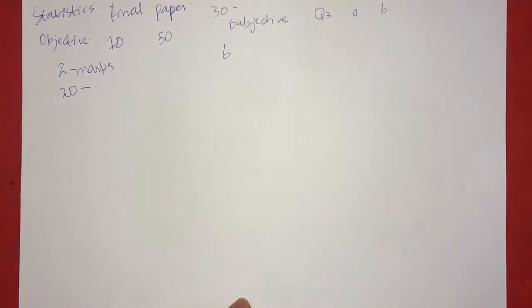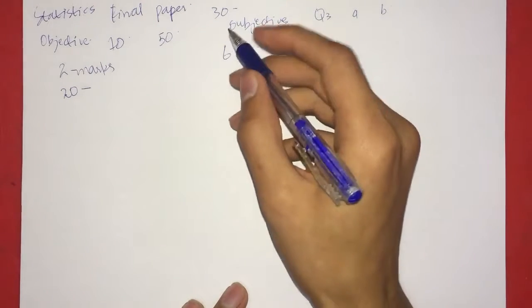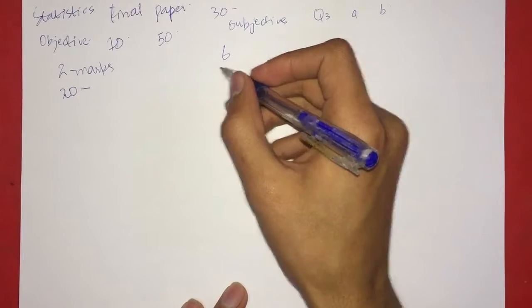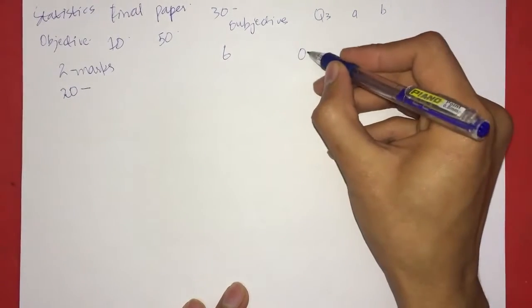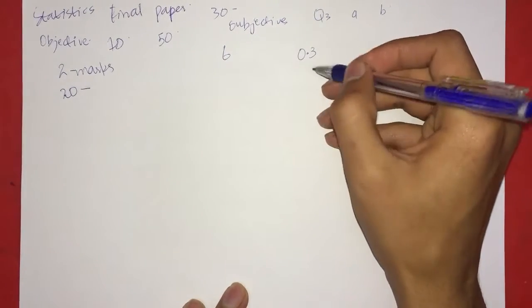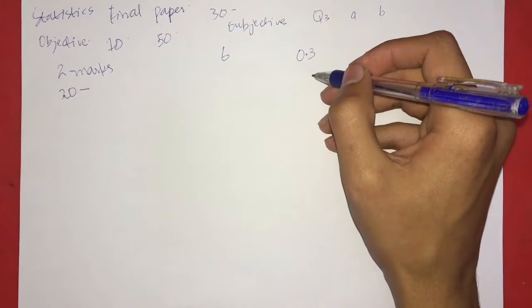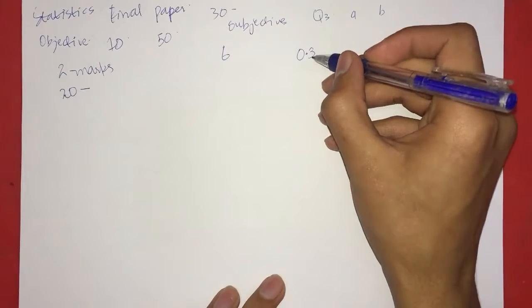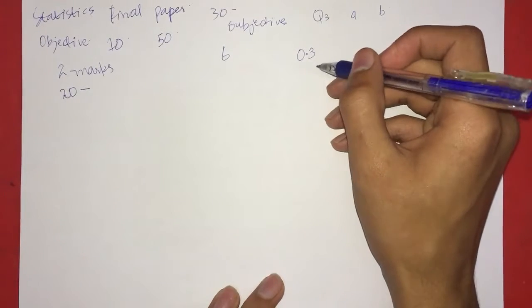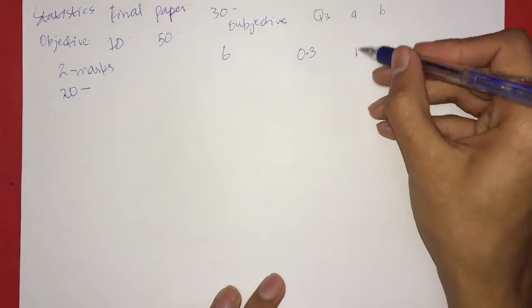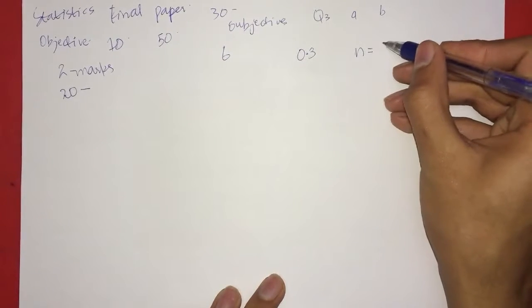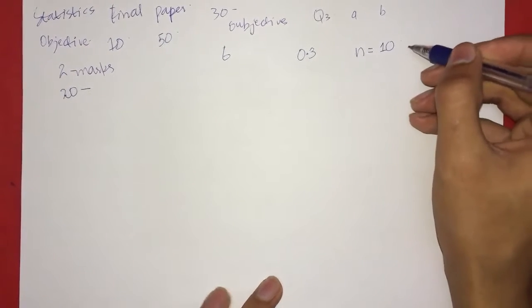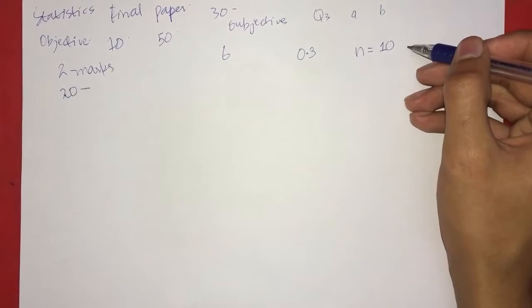In the objective, there were questions, for example, the first objective where the probability was given as 0.3. It asked what is the variance when the probability is 0.3 and n, the total number of trials, is 10, for a binomial distribution.